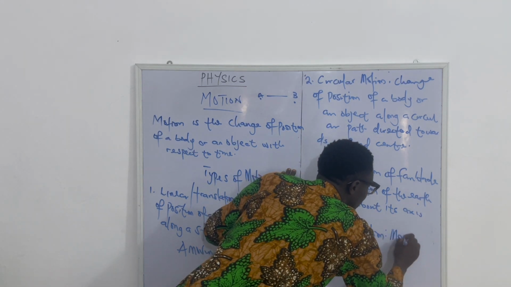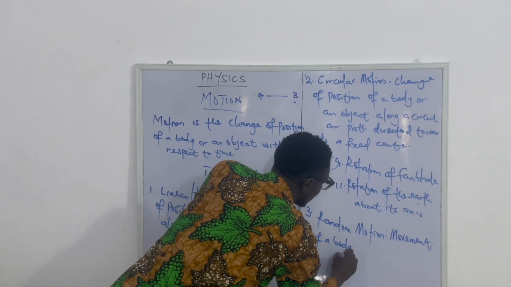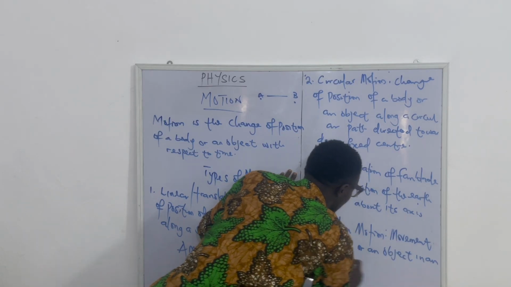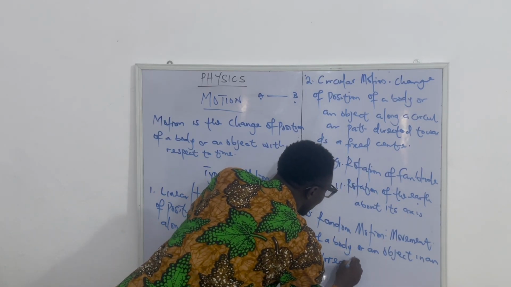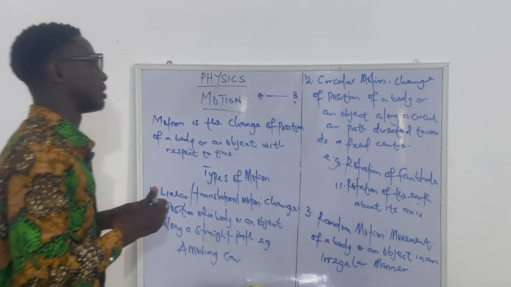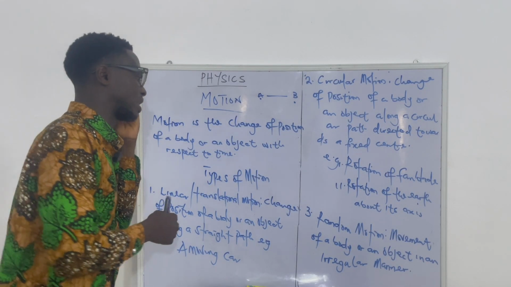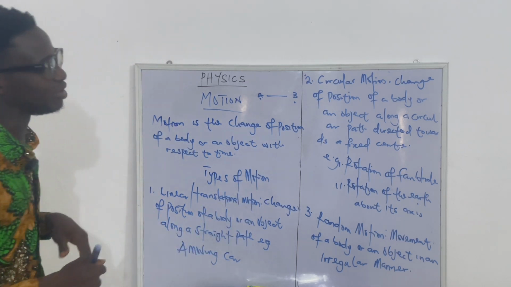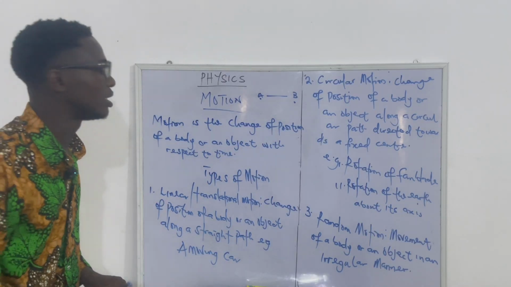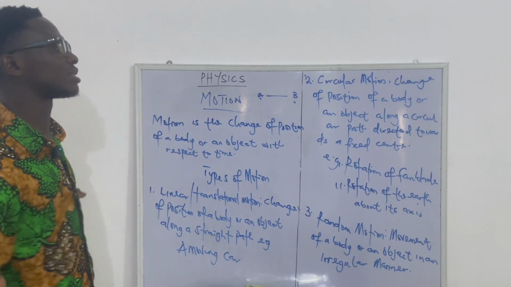It is the movement of a body or an object in an irregular manner. The typical example of this is Brownian motion, which is just the movement of gas particles in an irregular manner.